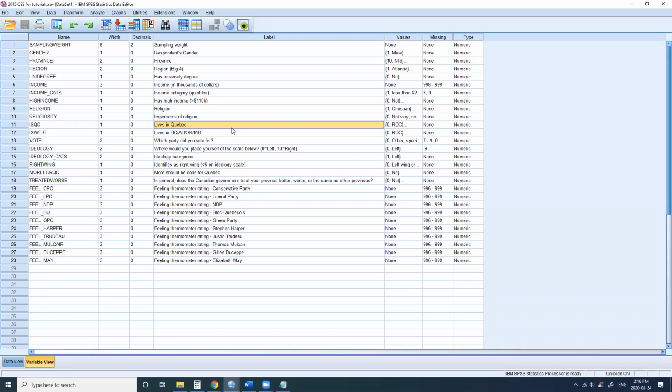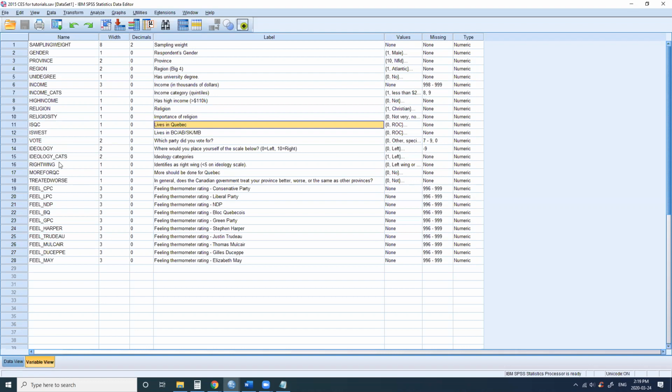And so our research question is, is there a relationship between religiosity and conservative ideological identification? So we have questions here that we can use to test that.